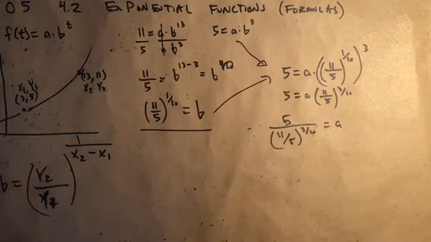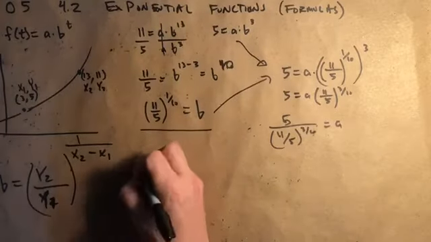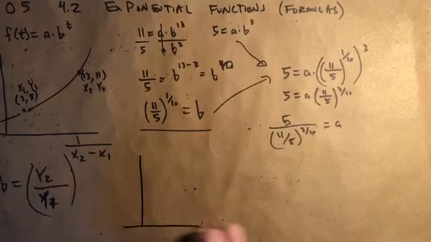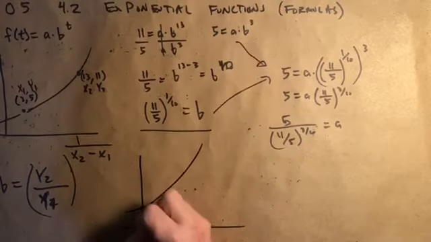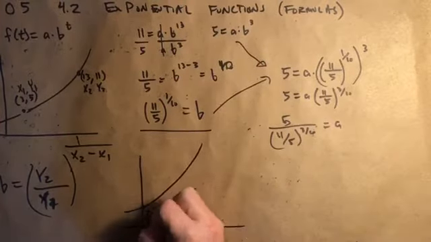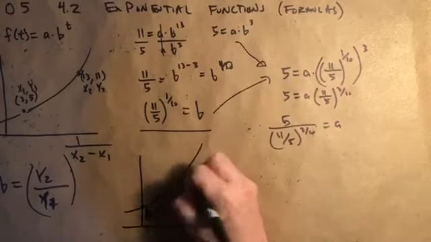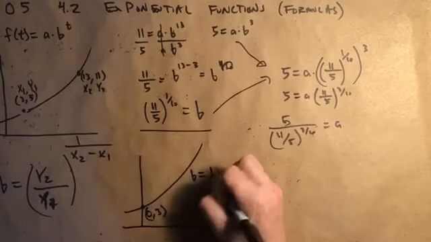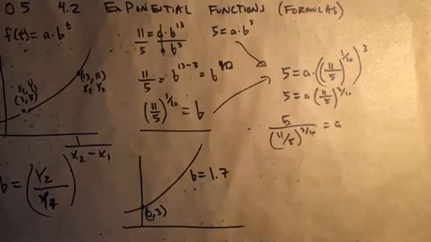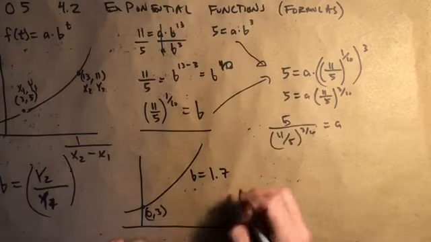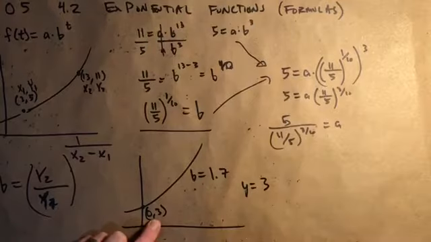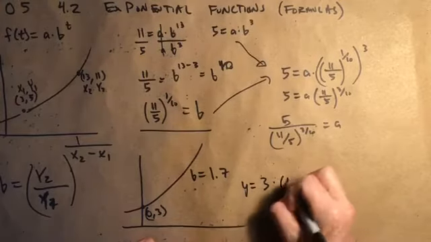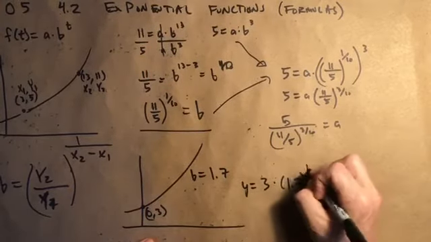The other thing that I want to talk about is, if I give you the a value, it's very easy to make the equation. Suppose I gave you the point, say, 0, 3, and I let you know that b was equal to 1.7. Well, we know that the formula will just be y is equal to 3, our initial value, times 1.7 to the t.